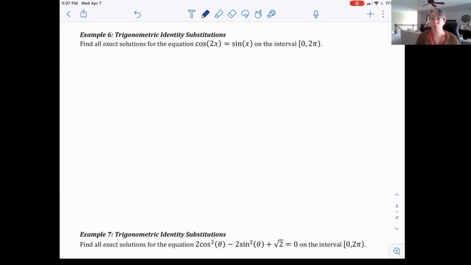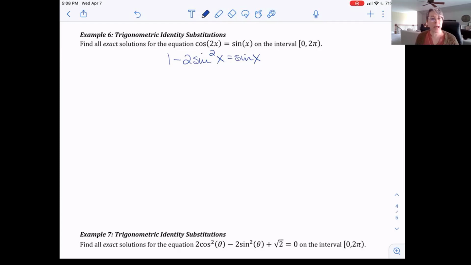Since it's easier to work with one trigonometric function instead of two, I would want to substitute in the version of the cosine of 2x, 1 minus 2 sine squared x equals sine x, from the double angle formulas.